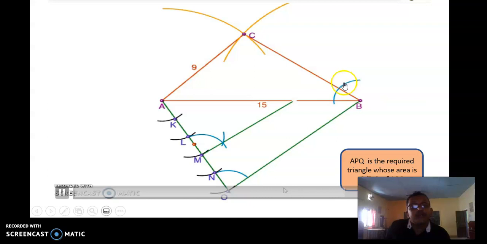Similarly, using compass, draw an arc here with the same radius, draw an arc here X, cut this from here, take this radius from here to here and cut this, and now draw the parallel, because you know that these two angles are corresponding angles.